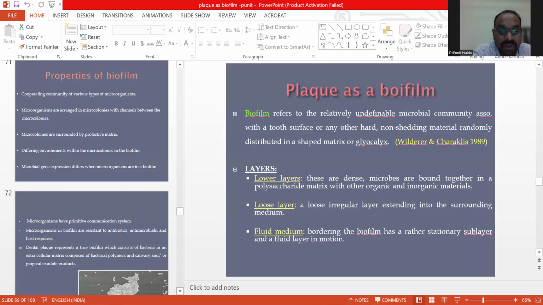Microorganisms have a primitive communication system, and the microorganisms in biofilm are resistant to antibiotics, antimicrobials, and host response. Dental plaque represents a true biofilm which consists of bacteria in extracellular matrix composed of bacterial polymers and saliva or gingival exudate products.